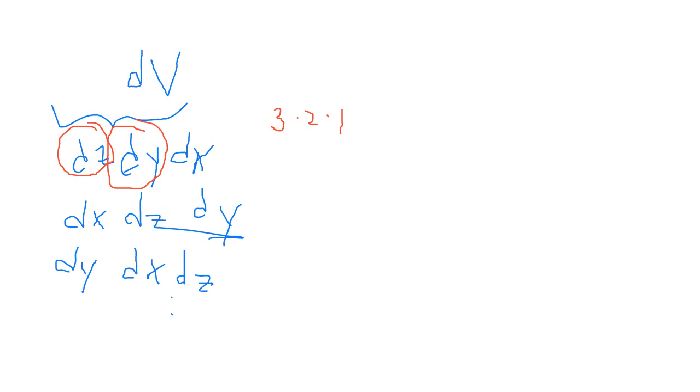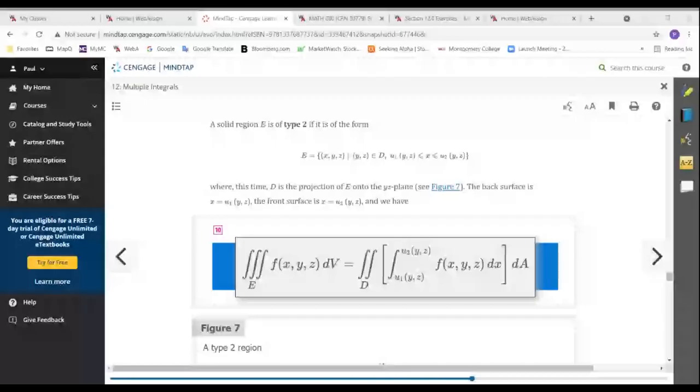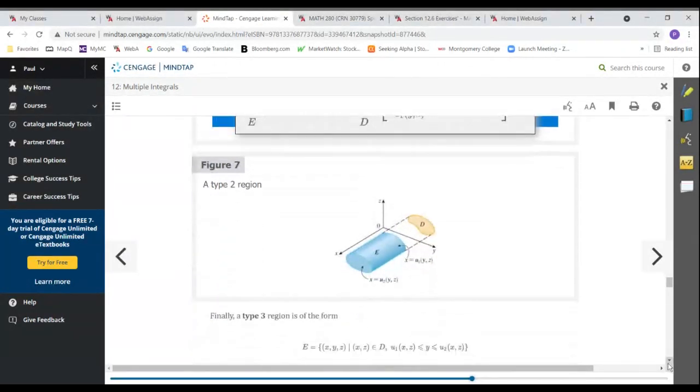All right, let me get back to the book here. Okay, so there's a type 2 region.